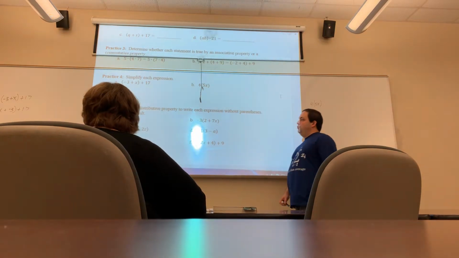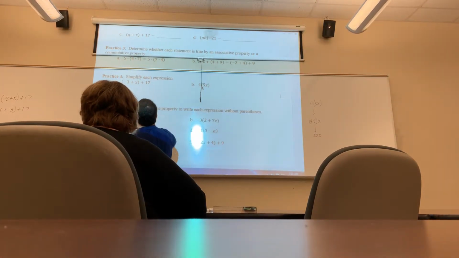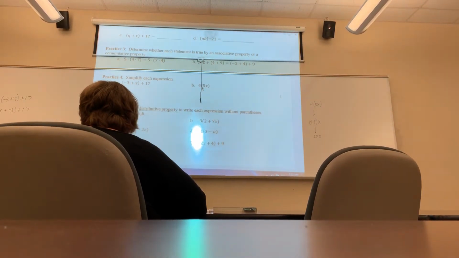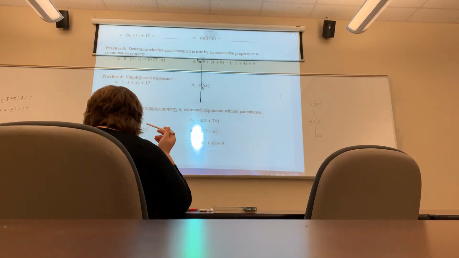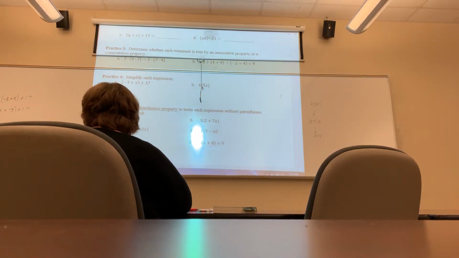Okay? Use the distributive property. What is the distributive property? Multiply everything that's outside of parentheses to A with 5 times X and 5 times Y. Exactly right. The distributive property in generic form looks like this.